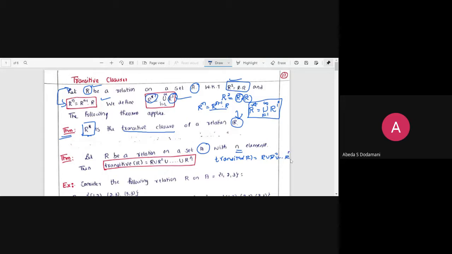What if it contains two or three elements? If the set A contains three elements, then my transitive closure of R will be simply R union R square union R cube. If it contains two elements, it's simply R union R square. What is R square here? It is R dot R. What is R cube? It is R square dot R.